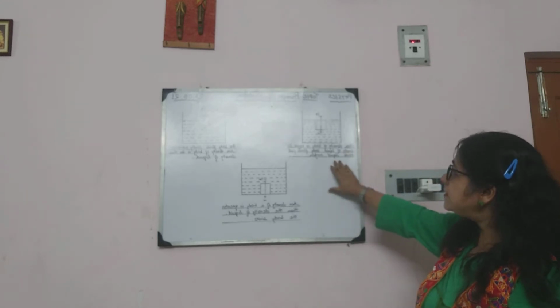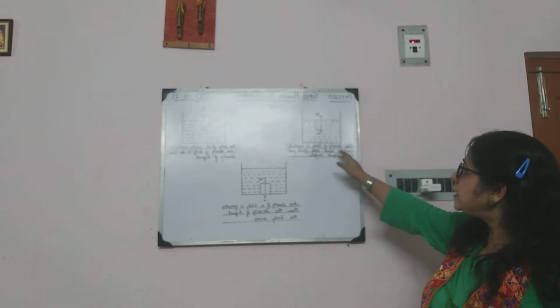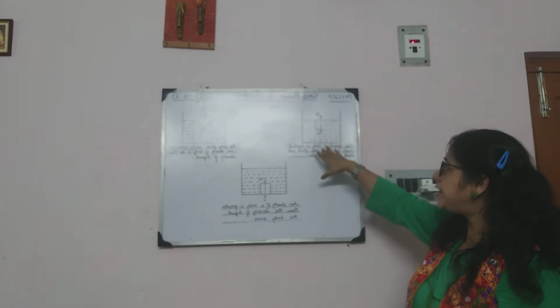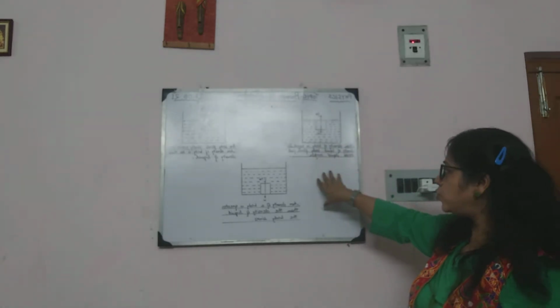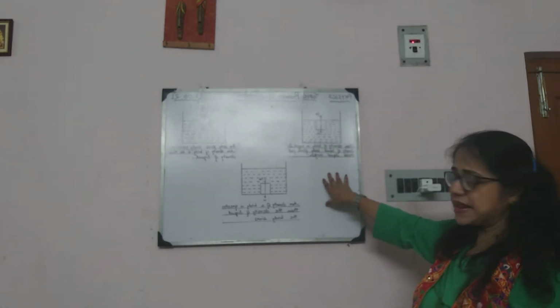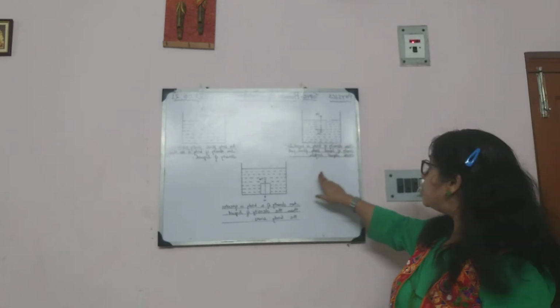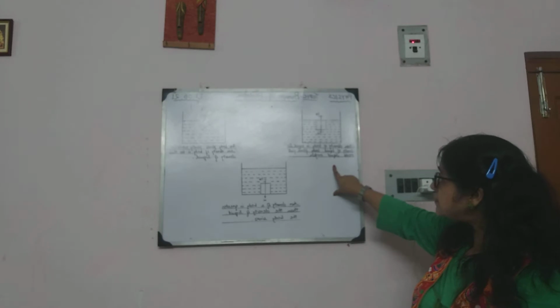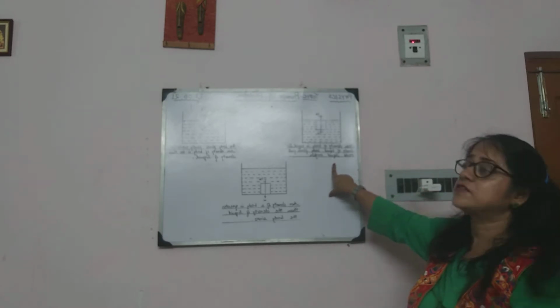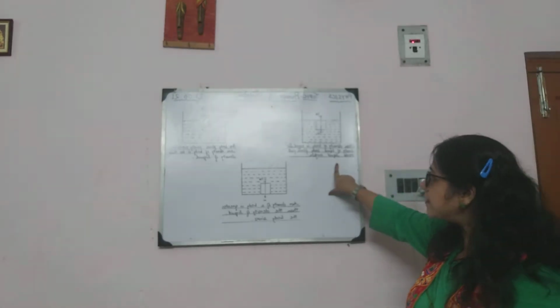So when the density of the body is equal to the density of the liquid, the body floats and it is just inside the liquid surface. This is explained by the first diagram.